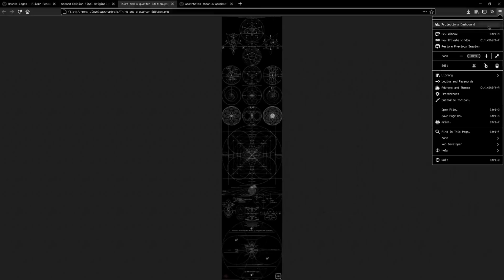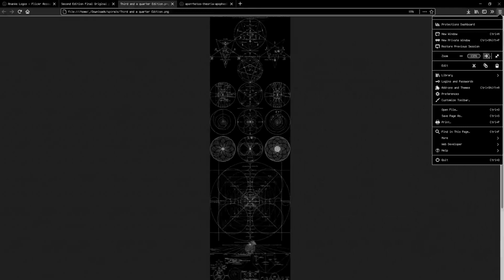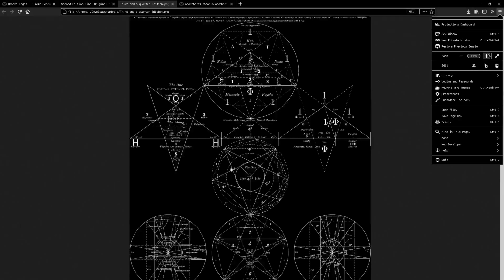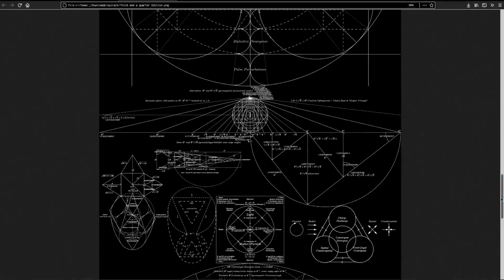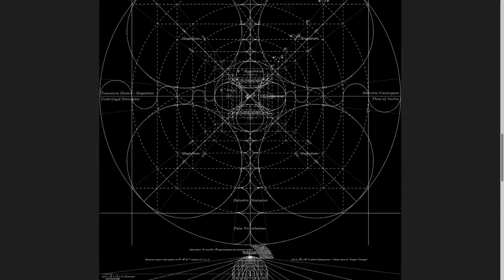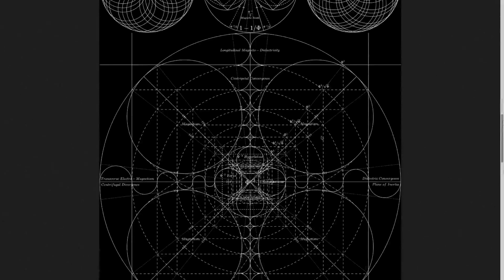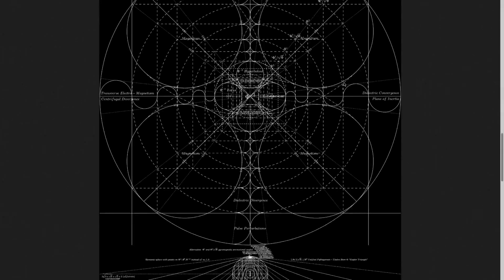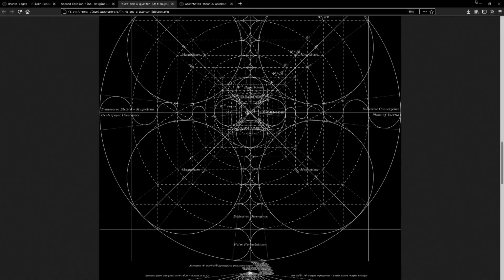Oh, did it again. Okay, so I have the hyperboloid here, I have the torus here.